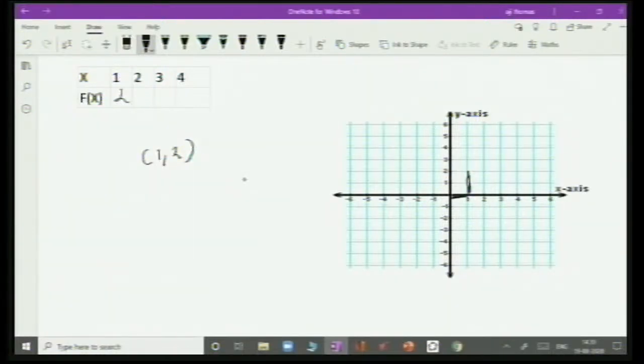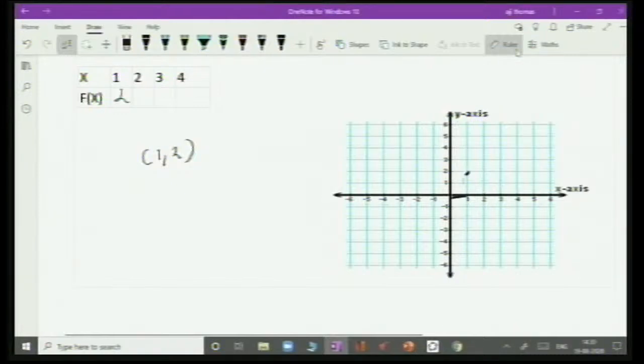So if I want to plot this point, I have to put it over here. It is a reference point with respect to this Cartesian plane. It is 1 unit from the y-axis and 2 units from the x-axis.